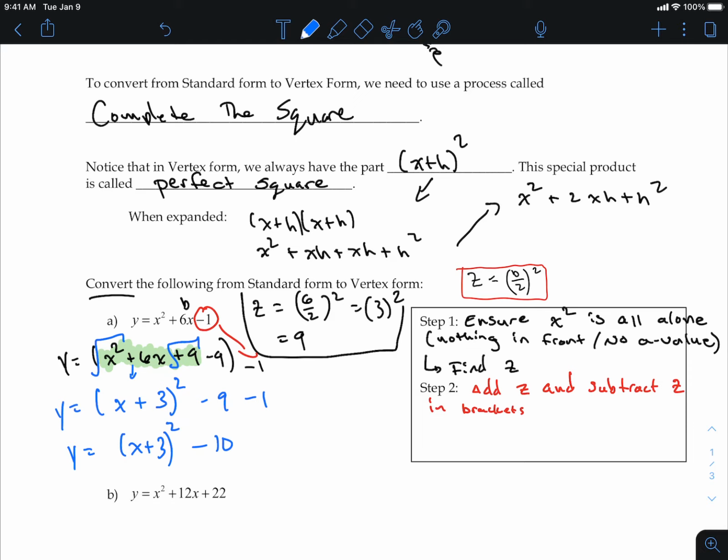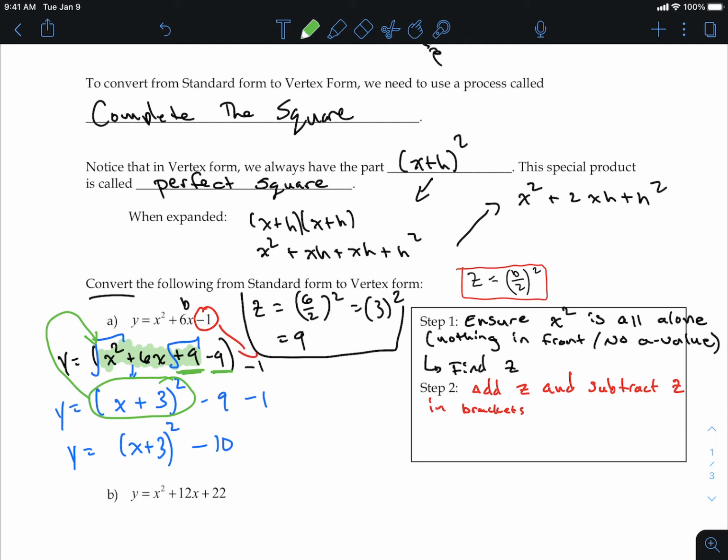I always do it in this order. I add 9 and I subtract 9. Where did the 6x go? What happens if I expand this? What comes back if I expand that? X squared plus 6x plus 9.